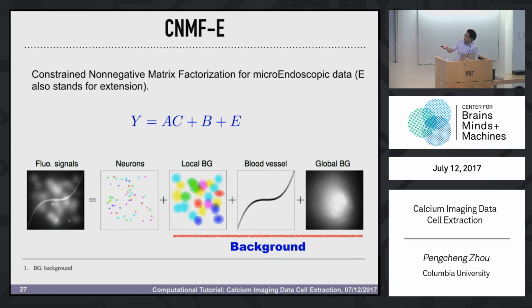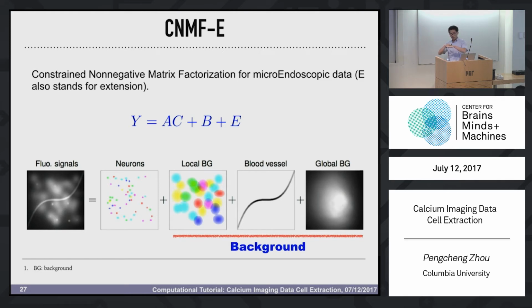This is how we model, how we assume the data look like. Here is what we think the fluorescence in microendoscopic data is composed of. It's composed of neural signals and also these three components. So it has a lot of local background. Local background usually comes from out-of-focus light.